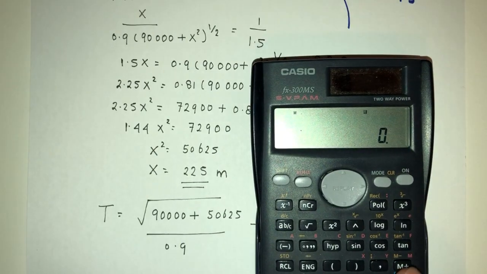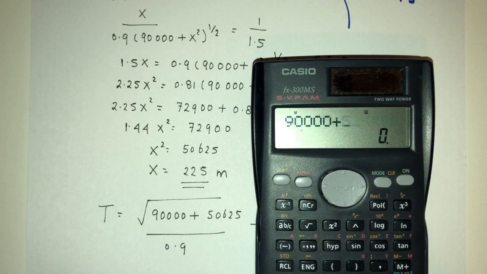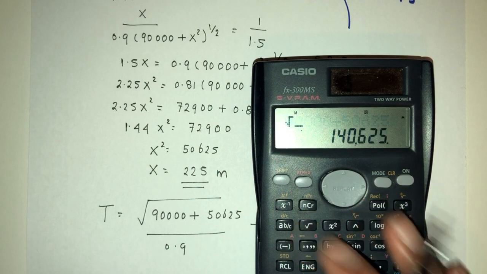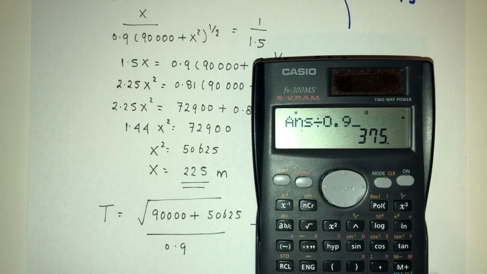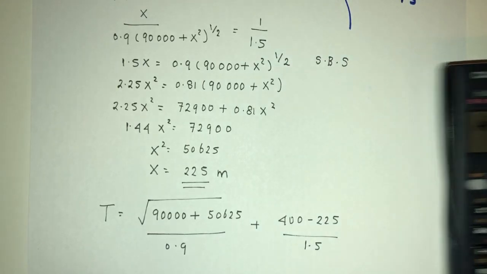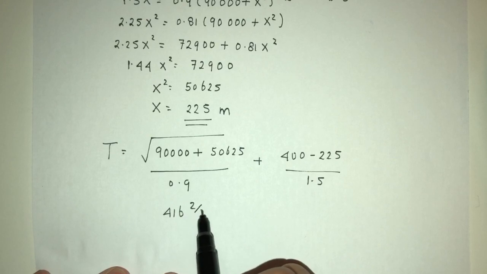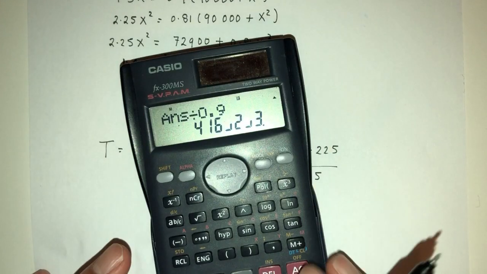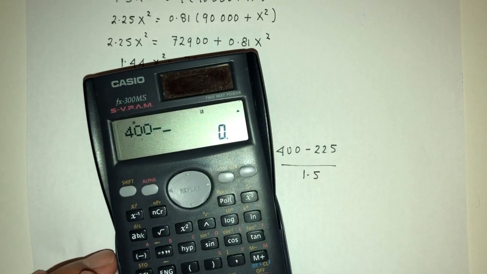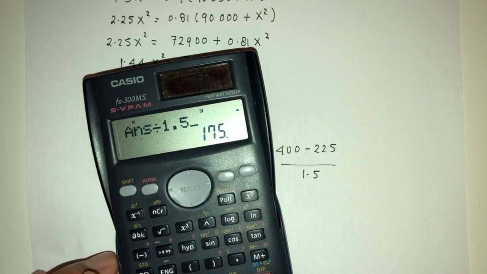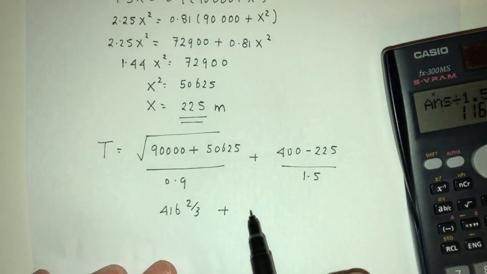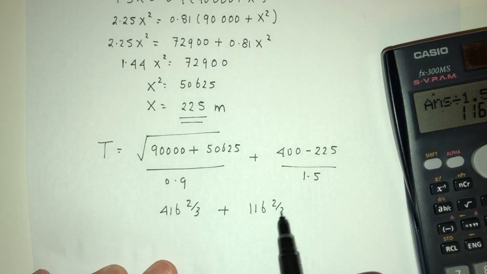So the square root of 90,000 plus this squared, divided by 0.9, that will be 416 2/3 for this one, plus this one. This one is 400 minus 225 divided by 1.5, that should be 116 2/3.